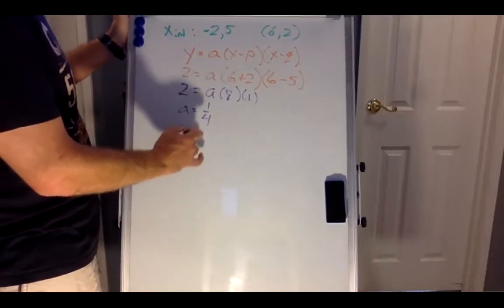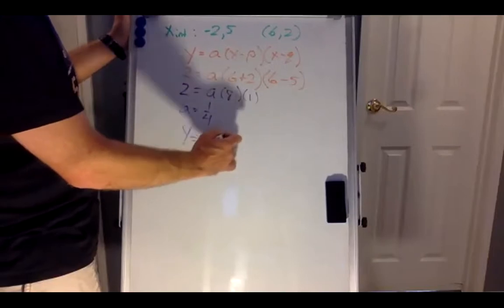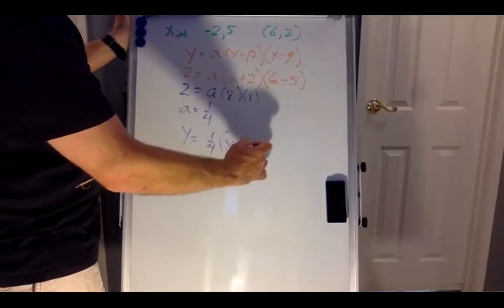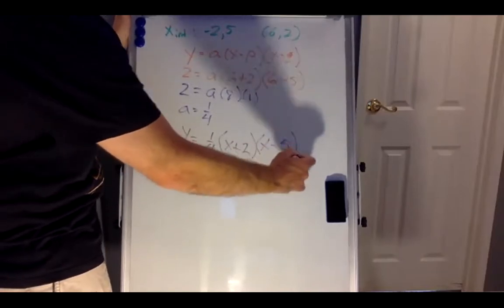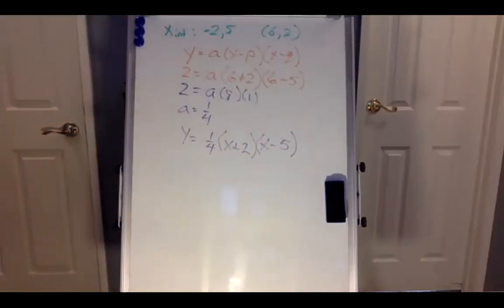So then y is equal to 1/4 (x + 2)(x - 5). y equals 1/4 x squared minus 3/4 x minus 2 and 1/2.